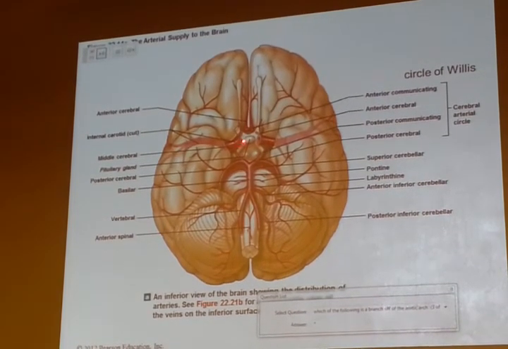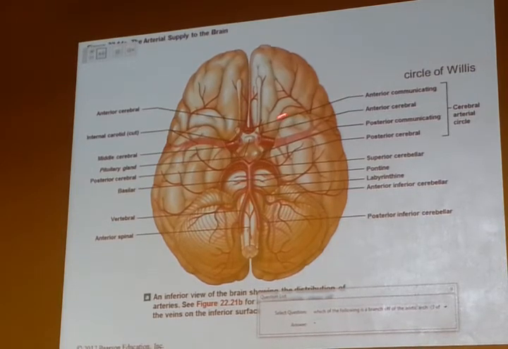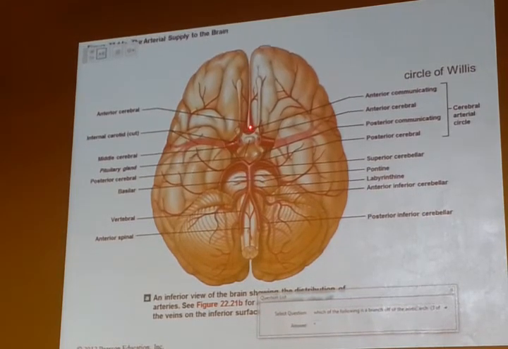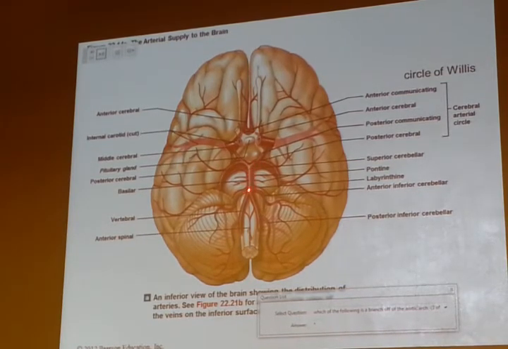You've got your internal carotids coming in, and they'll give off your anterior cerebral that will go all the way out to the frontal lobes. And then the little communicating artery joins the two anterior cerebrals, right and left, together. And then back here, we've got a posterior communicating artery that is joining with these posterior cerebral arteries, which are a branch of this basilar artery, which is formed by your two vertebral arteries that come together.